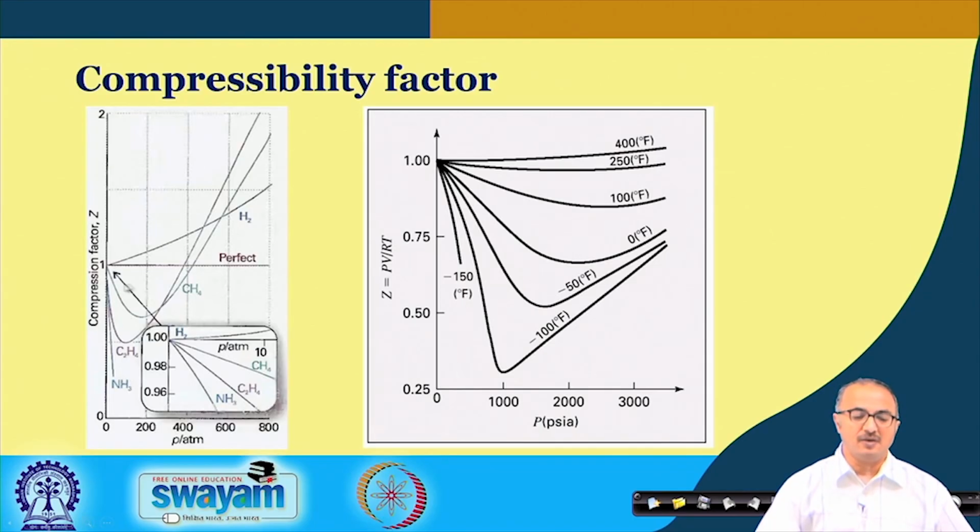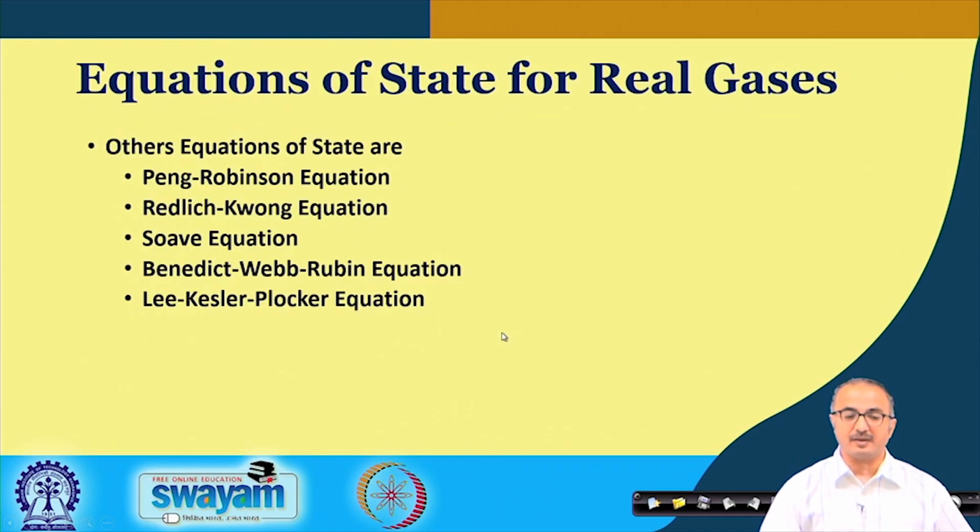Here you can see for different types of gases the variation of Z with pressure is different, and as we increase the pressure, the gas becomes more and more non-ideal. In this particular figure again we have plotted Z versus pressure, but at different temperatures, and you can see again that as the temperature rises, the gas moves more and more towards ideality. The lower the temperature, the more the deviation from ideality.